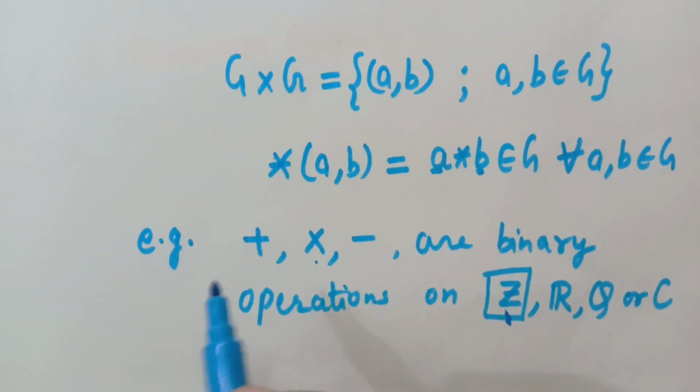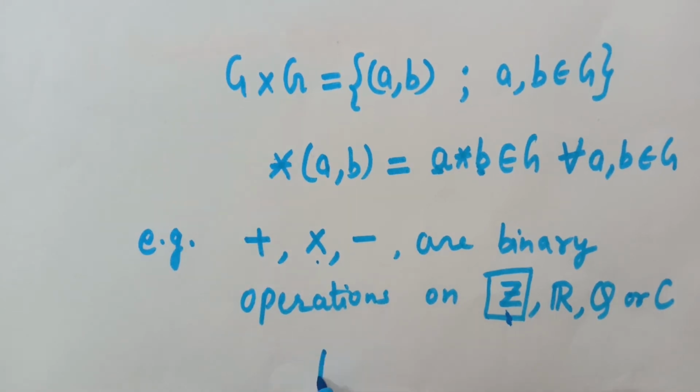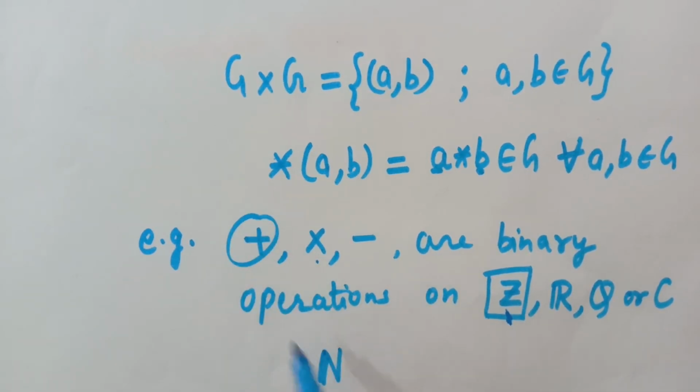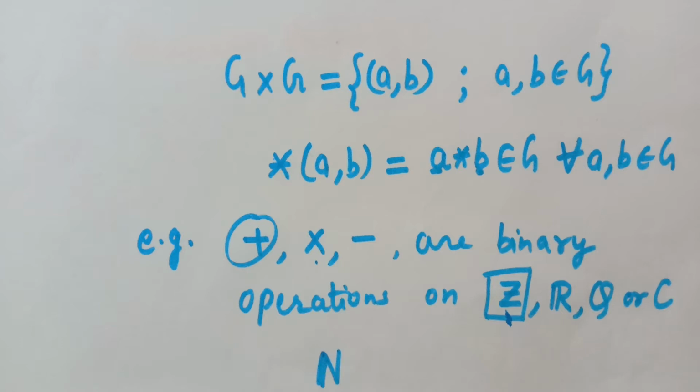But if I consider the set of natural numbers, then addition is a binary operation on the set of natural numbers, because if we add any two natural numbers, we will always get a natural number. If we multiply two natural numbers, we will always get a natural number. So obviously multiplication is also a binary operation on the set of natural numbers. But what about subtraction?